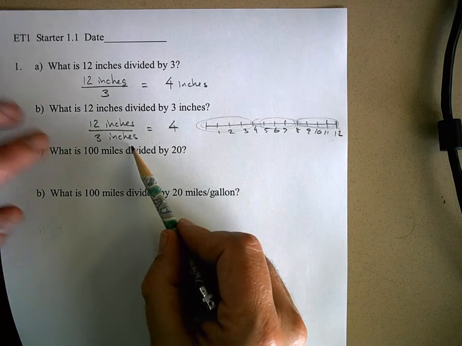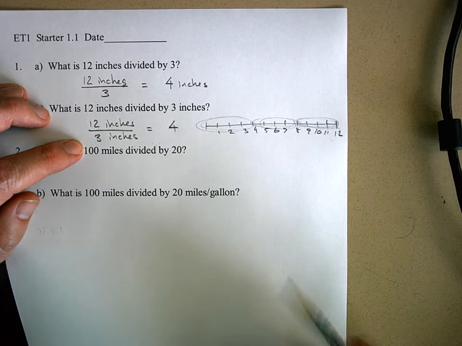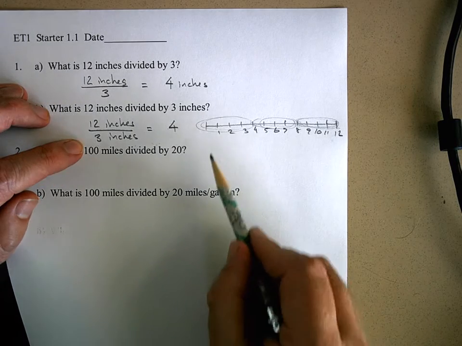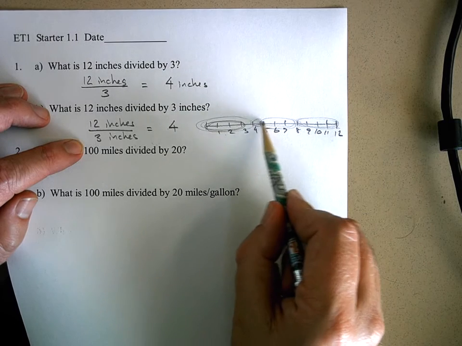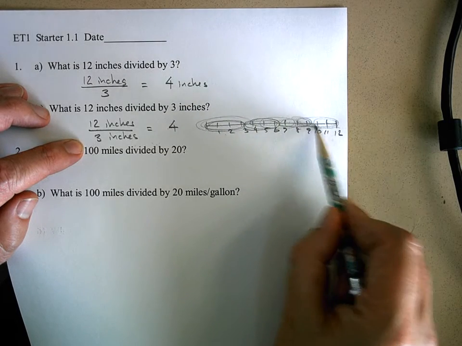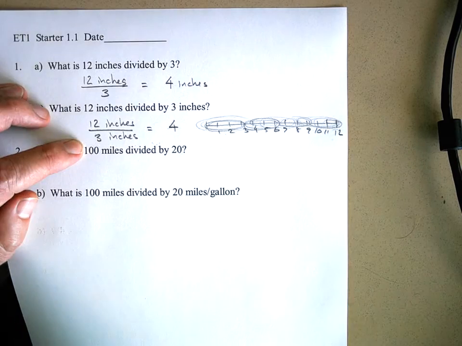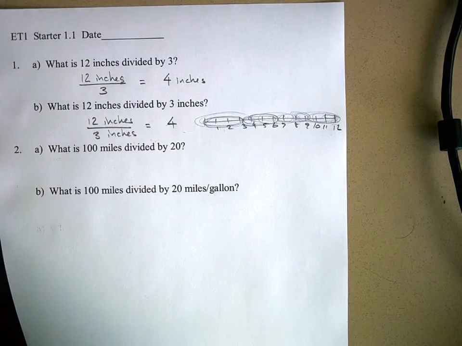But in here we're saying how many groups of 3 inches are there? Here's 3 inches, and here's 3 more inches, and 3 more, and 3 more. So there's 4 groups. There are no units with this. You're just saying there's 4 of them.